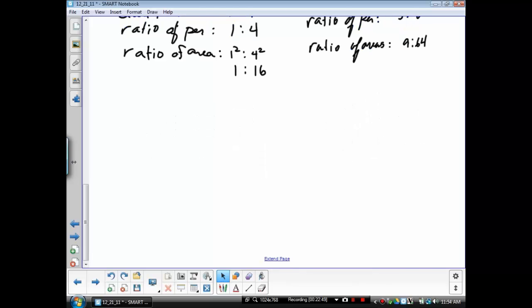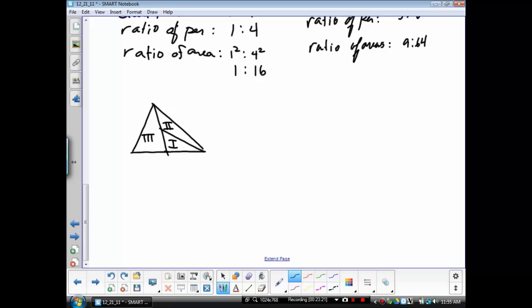Now, a little more fun in the applications, making it a little harder. All right? And what I'm doing is moving to number 19. Number 19, I have 3 triangles. Triangle 1, 2, and 3. I'll try to kind of draw it here. And they number them 1, 2, 3. And then they give me some side lengths.